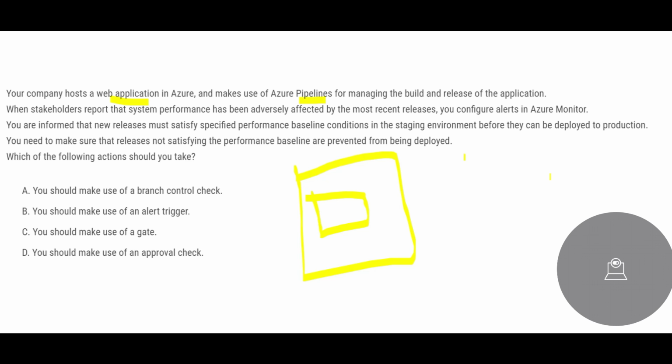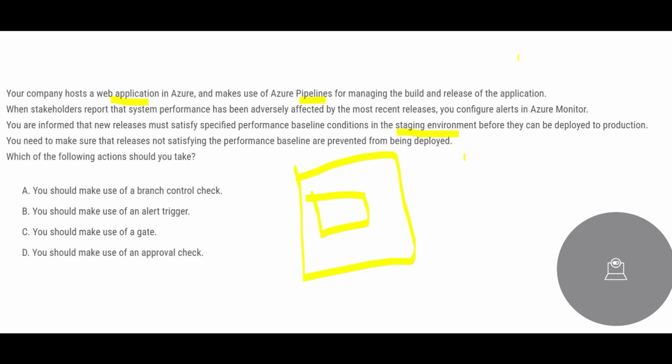Do that in your stage environment. Don't just push code which is not performant to production environments. So you've got to build some sort of quality gate kind of check, to ensure that if performance baseline requirements are not met, then the deployment to production does not get through.